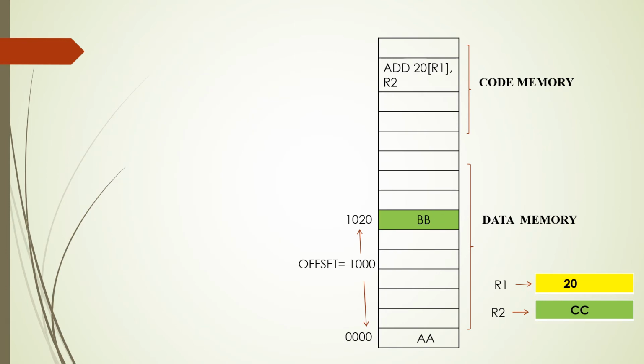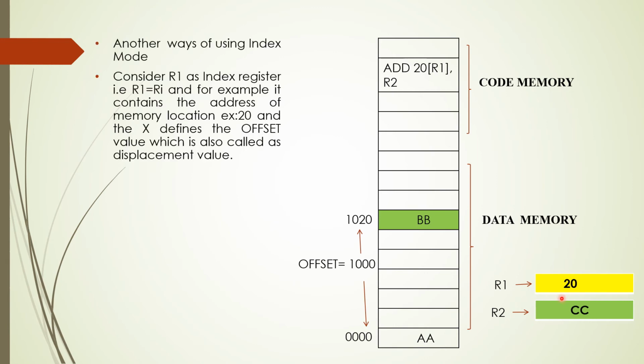The other way is also possible. Instead of the offset as 20, I can write the offset as 1000 and the R1 content as 20. The same instruction I'll use. R1 is considered as an index register with the value 20, and X defines the offset value, which is also called the displacement value. Here I am declaring the X value as 1000.